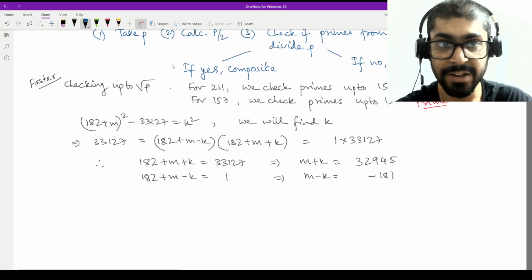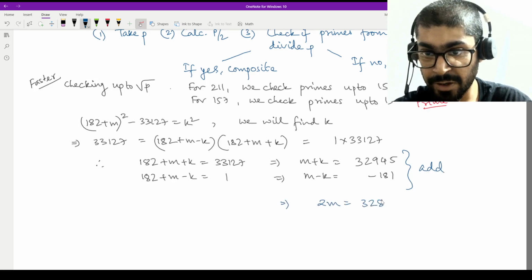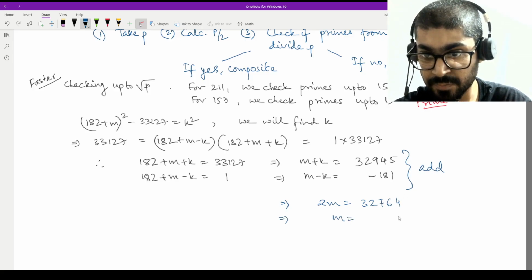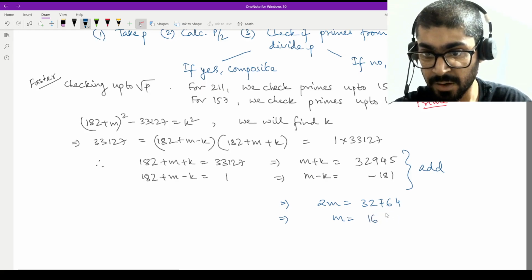Alright, now if you add these, you will get 2m equal to 32764, which would give me m equal to 16382.